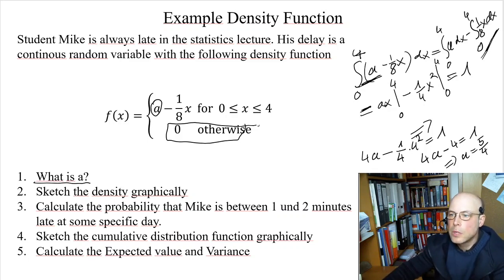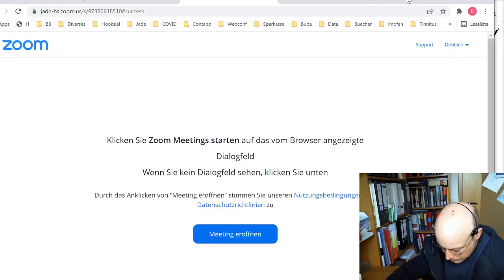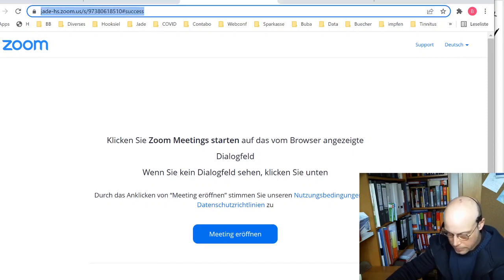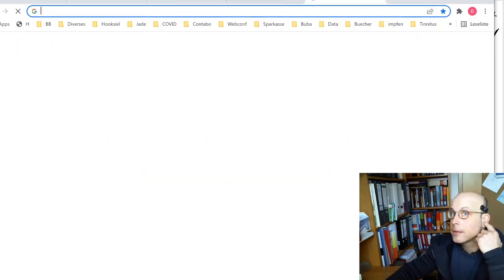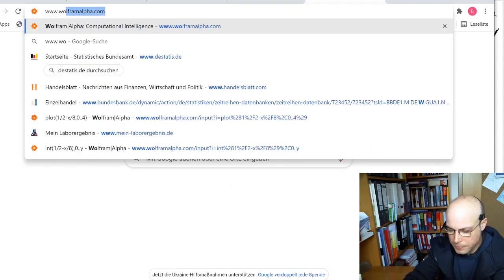Because I also wanted to show you the following thing, that we can again use some software tool, and this is maybe the best mathematics tool in the world.